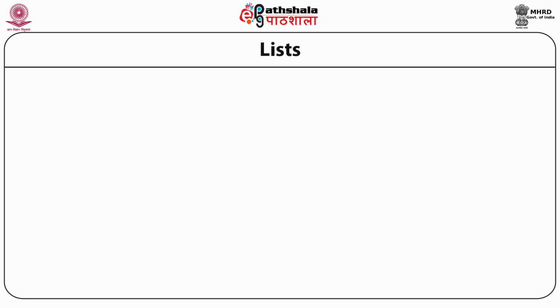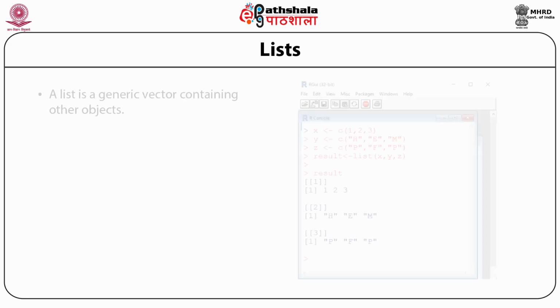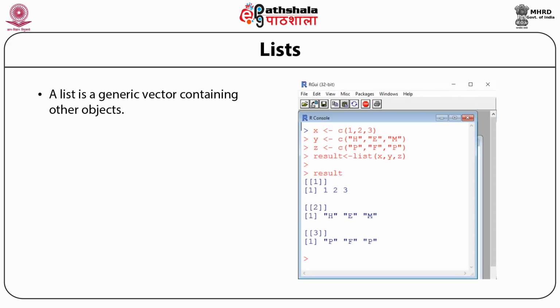Next, our data type is list. A list is a generic vector and it contains other objects as well. A list can also store all the vectors in the same object. In this example, we have assigned three objects with different vectors.